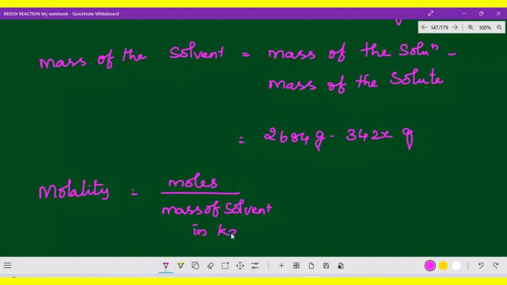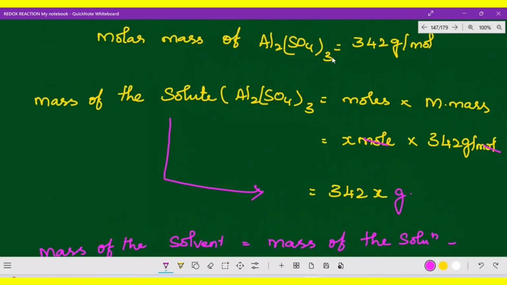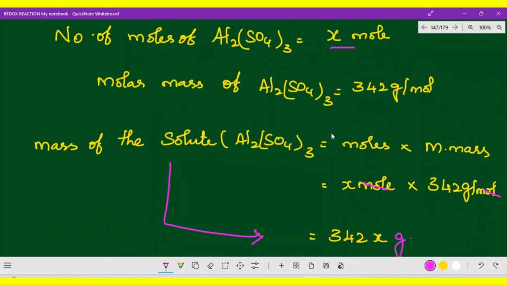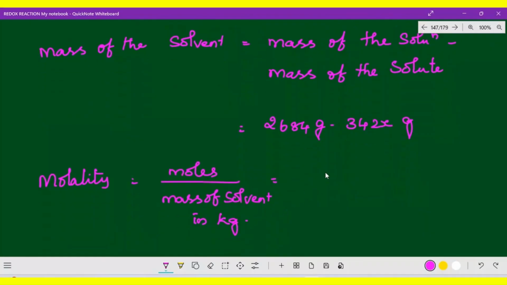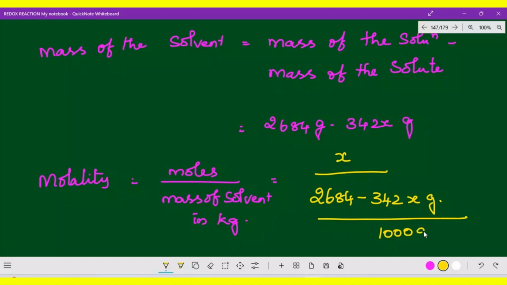Now here they have given a complex expression. So how to solve? The number of moles, we just mentioned, is x. So x divided by the mass of solvent, 2684 minus 342 x gram divided by 1000 gram.